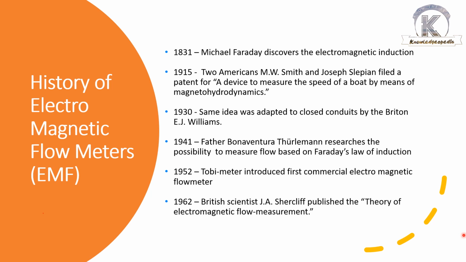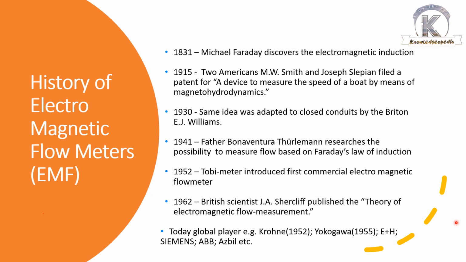I have just discussed this with you, and you know that today there are many global manufacturers and renowned market players. Krone started manufacturing in 1952. Yokogawa, around 1955, introduced Japan's first domestic electromagnetic flow meter.